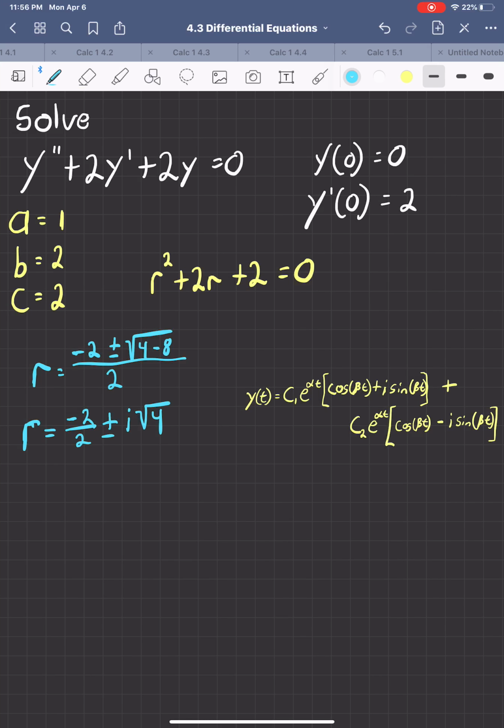Okay, so in this case, r would be equal to negative 1 plus or minus, and ready, let's write this as square root of 4 is 2. So since this is over 2, square root of 4 is 2, so 2 divided by 2 is 1, so that ends up just being i.